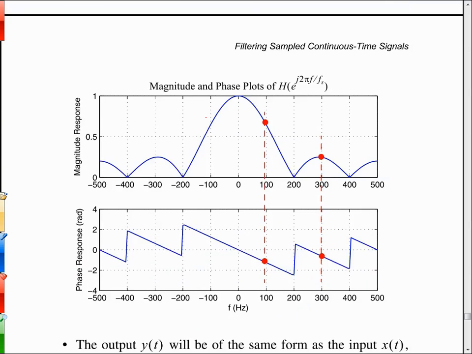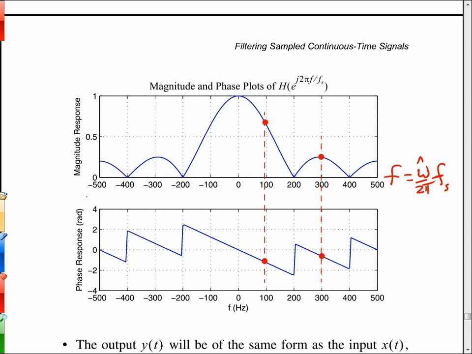So now I've got the exact same plot in terms of the vertical axes, but the horizontal axis has just been rescaled. So this is now F, which was omega hat over 2 pi times Fs. See how easy that is?